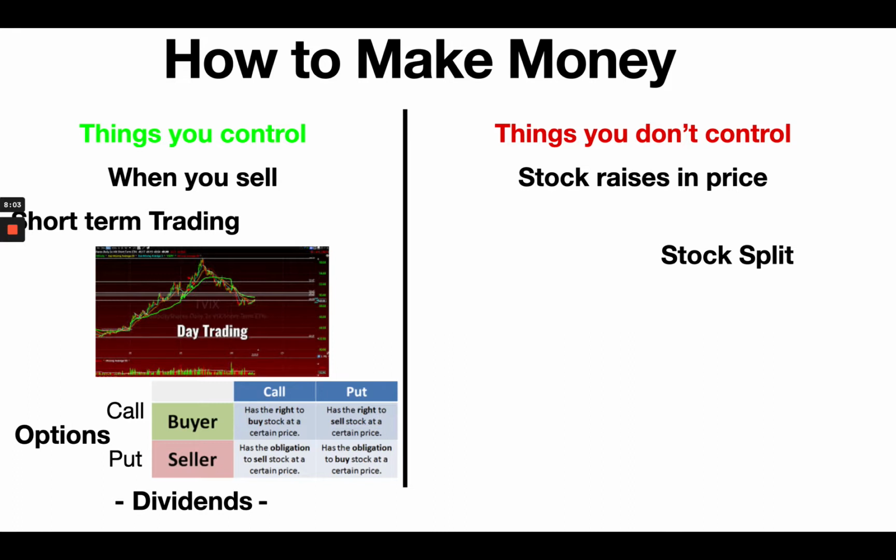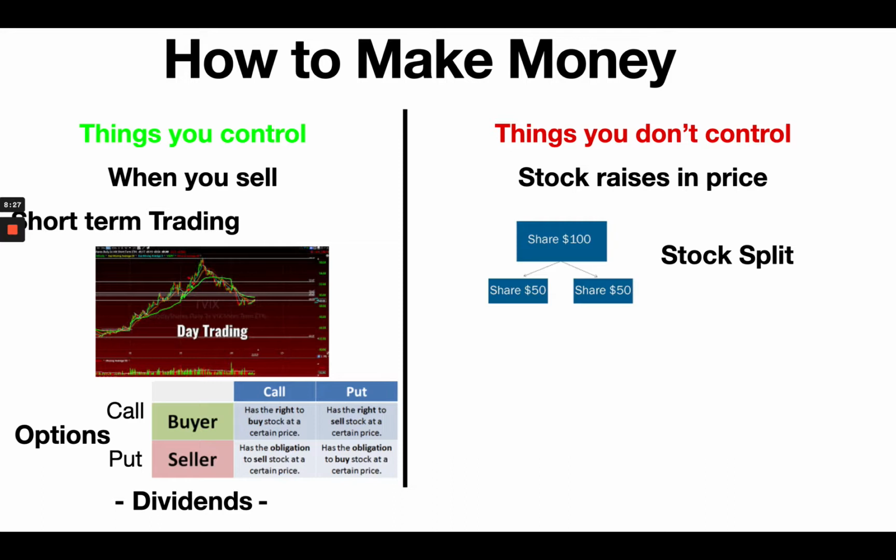There's such a thing as a stock split. A company will announce a stock split in order to make more money. So right here would be an example of a 2-to-1 stock split. So you would have your shares that are worth 100, and now if you were to own that share after the stock split, your one share would become 2.